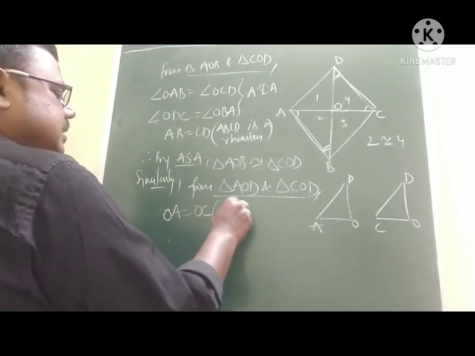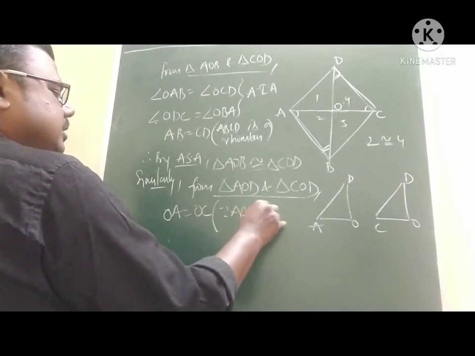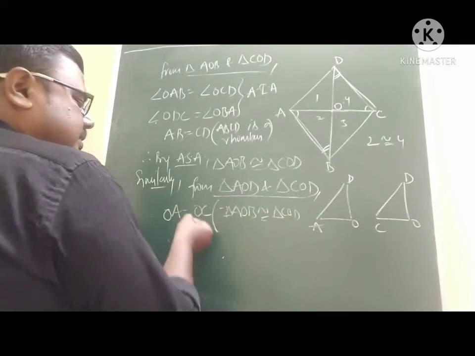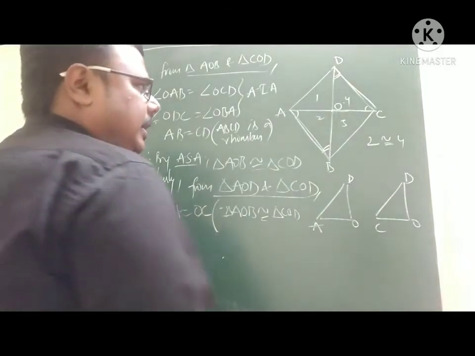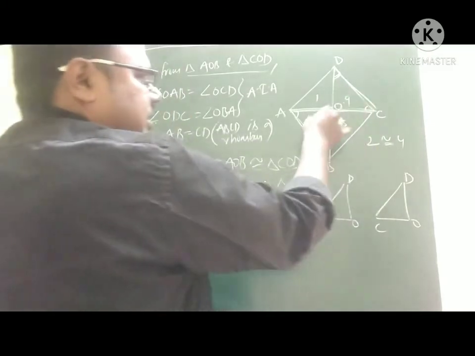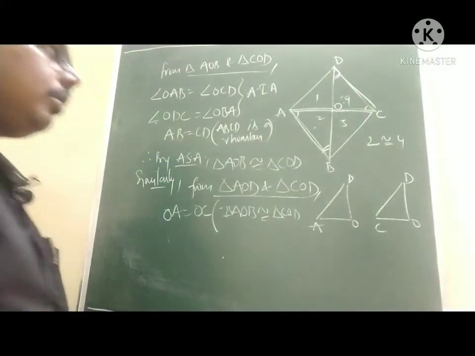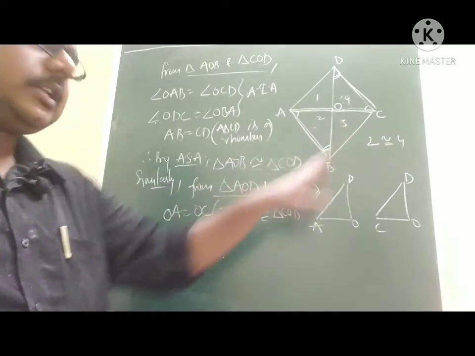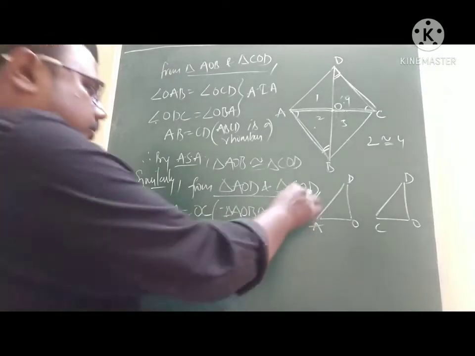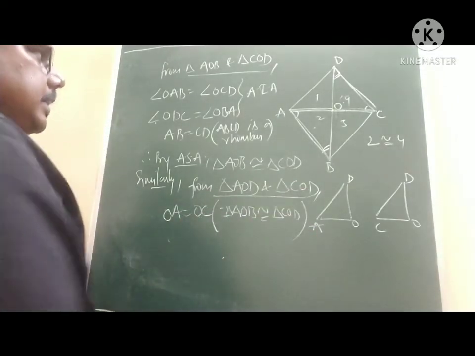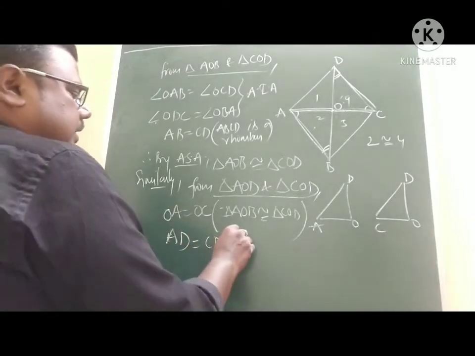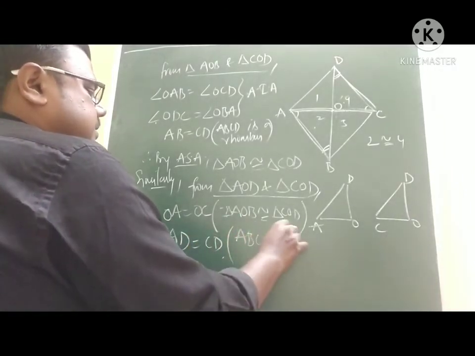Why? Since triangle AOB is congruent to triangle COD, by CPCT, corresponding parts of congruent triangles. This AO is a part of the second one, and this OC is part of the fourth one. These two triangles are already congruent, so they are the corresponding sides. That's why I took this as support of that condition. So here OA is equal to OC. Then apart from that, AD is equal to CD, which is nothing but, since ABCD is a rhombus.